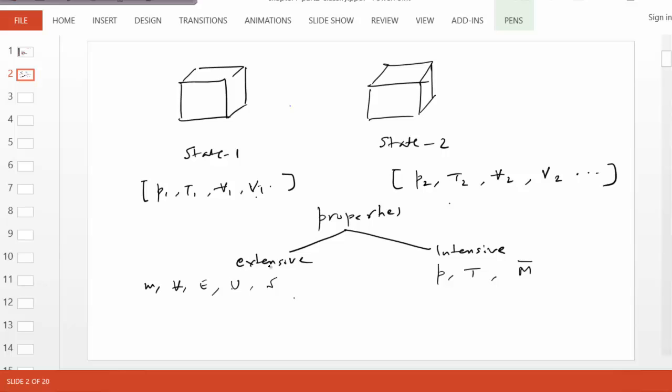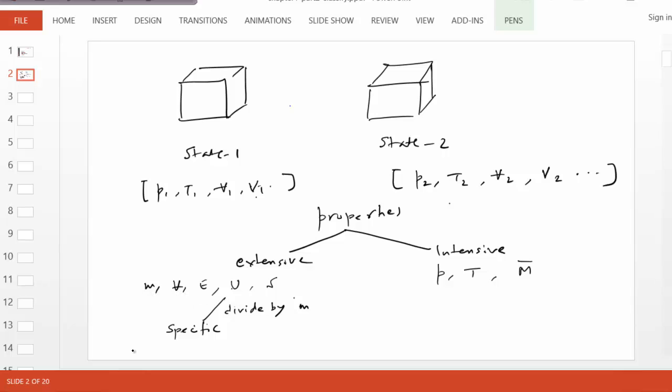We also saw that some of the extensive properties, when you divide by mass, we call them specific properties. Recall, what are specific properties? We divide by mass. Mass divided by mass is 1, so it doesn't matter.